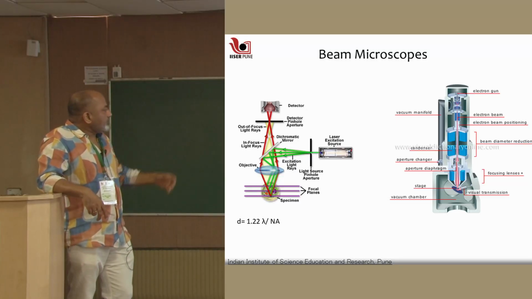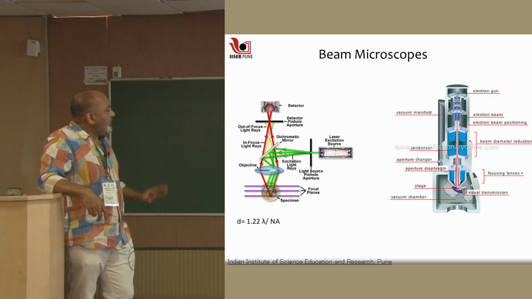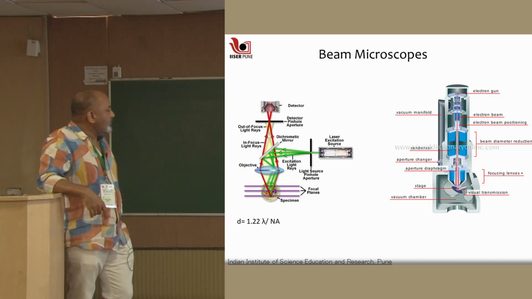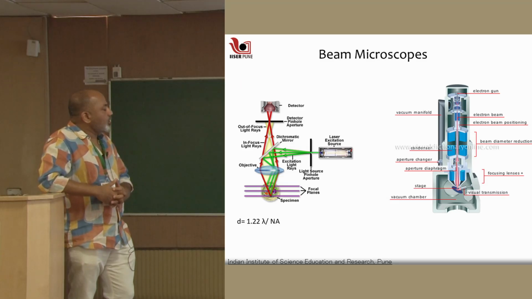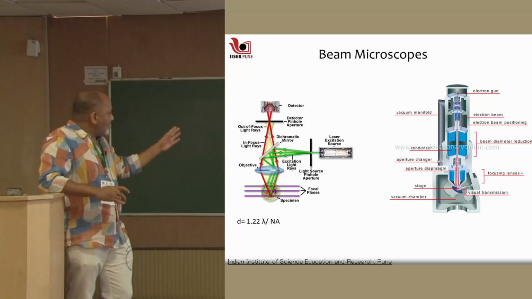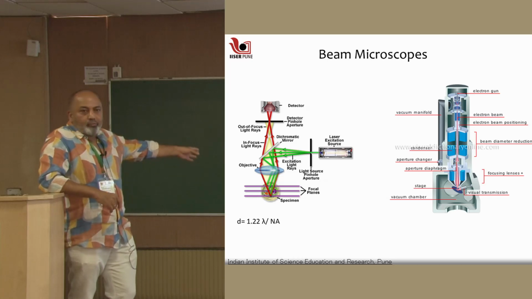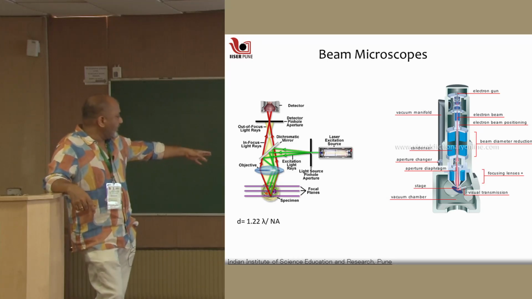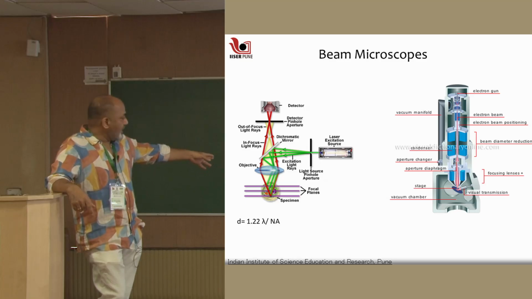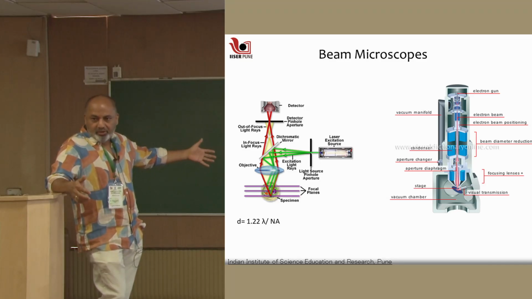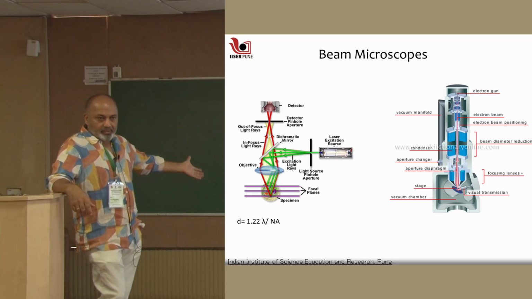Now then, Ernst Ruska and the team of researchers built the electron microscope, and the idea is simple. What is the limiting factor here? This is the numerical aperture and the wavelength of light. Numerical aperture is about the lenses that you use, and wavelength is of the beam.